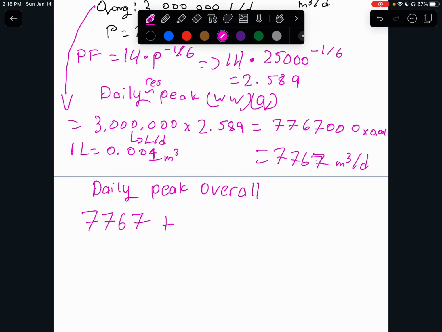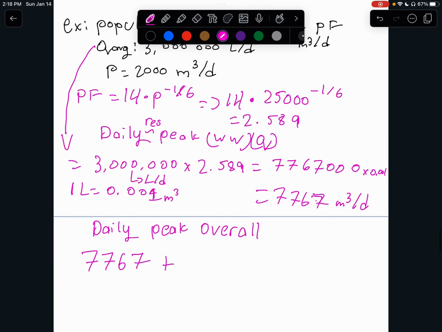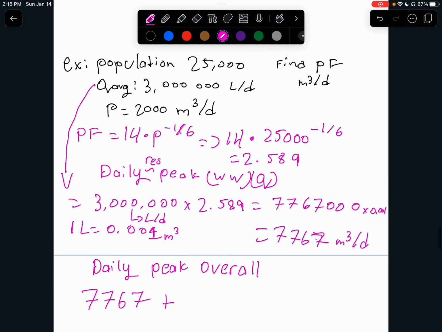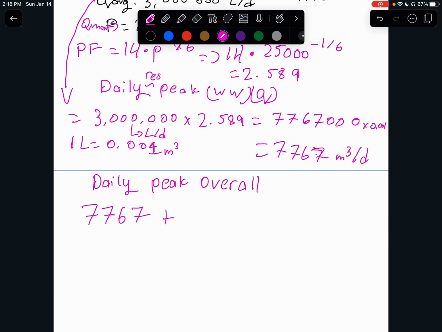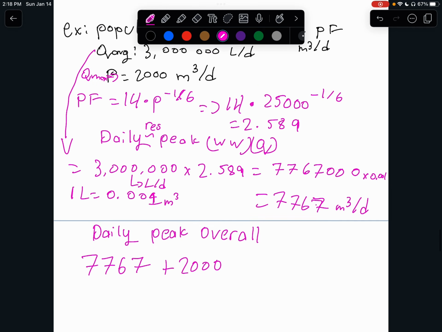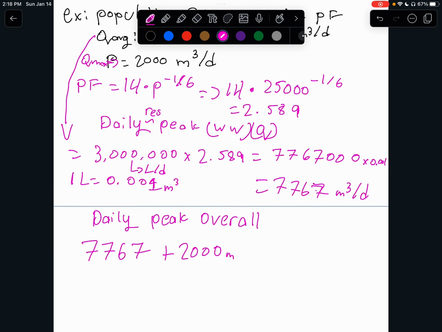And we're going to plus our flow, which is going to be the peak flow, so peak Q max. So I'm going to write that here. Q max, which is 2,000 meters cubed per day. And since both units are meters cubed per day, there's no conversions. And this can be added up to 7767 plus 2,000, 9767 meters cubed per day. So that's an example we can do here as well too.